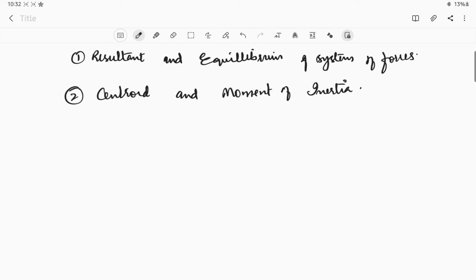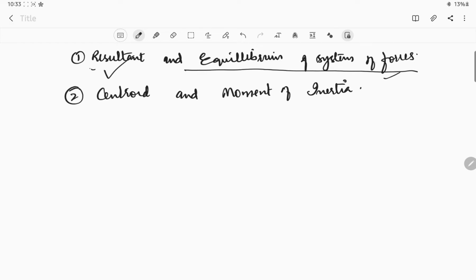Today we will start another unit, that is friction. This is a very important unit, and friction has a base or a background of resultant and equilibrium. Whatever forces or problems we have solved in resultant and equilibrium will be useful to us in friction.